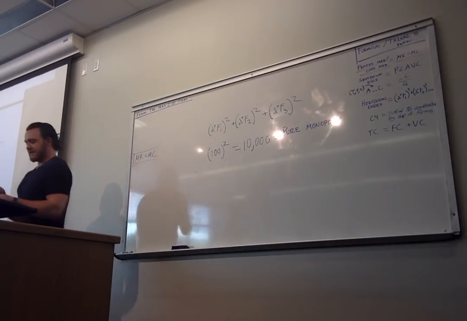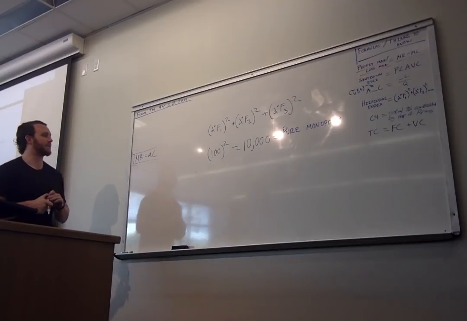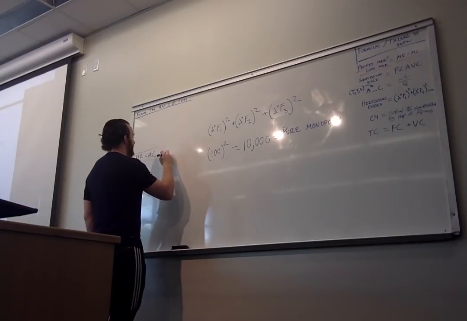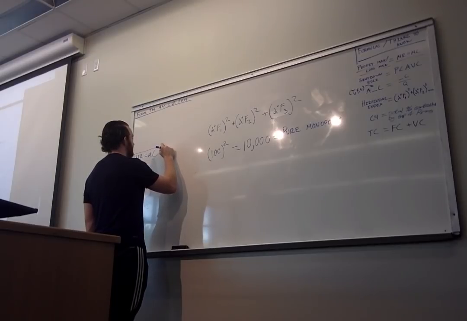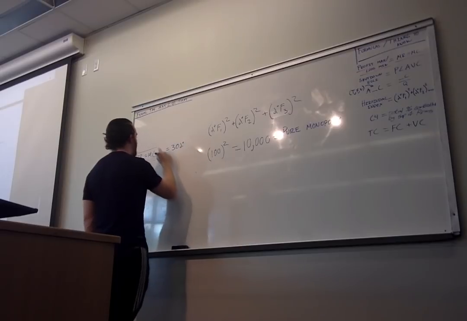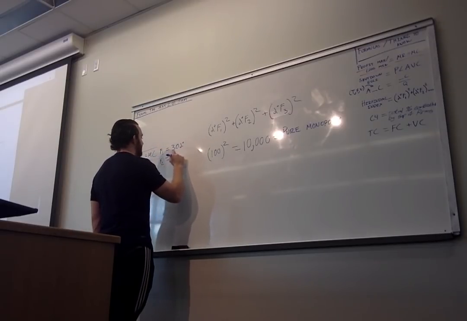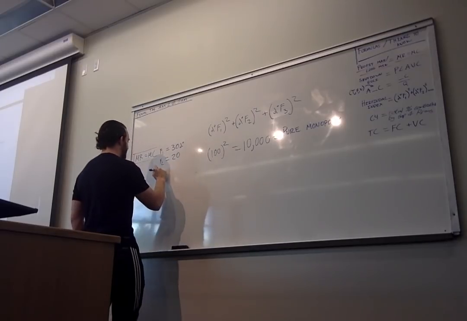So if you're asked to calculate a Herfindahl index, we'll do this real quick. Let's say you're given 5 firms. The first one owns 30%. Firm 2 owns 20%.